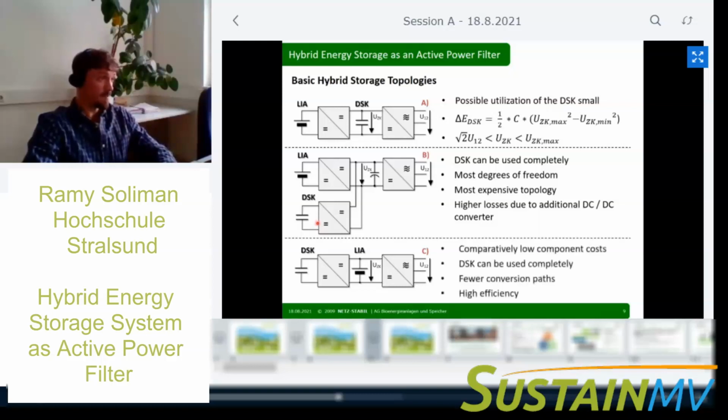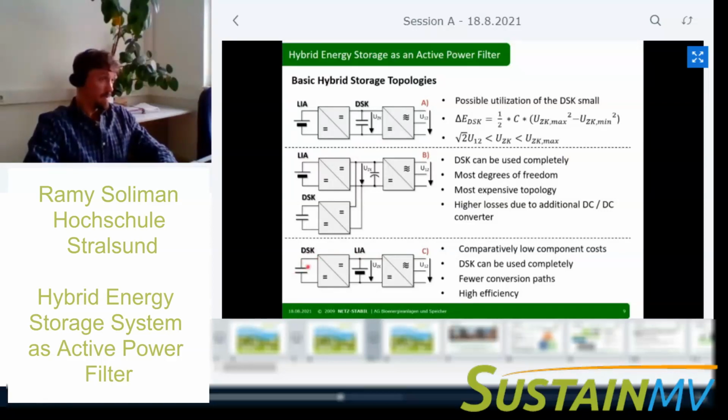Then there is example C, and here we have switched the positions compared to topology A. Now we have the battery in the DC link, and the capacitor is separated by this DC-DC converter. So we can use the whole energy of the capacitor.